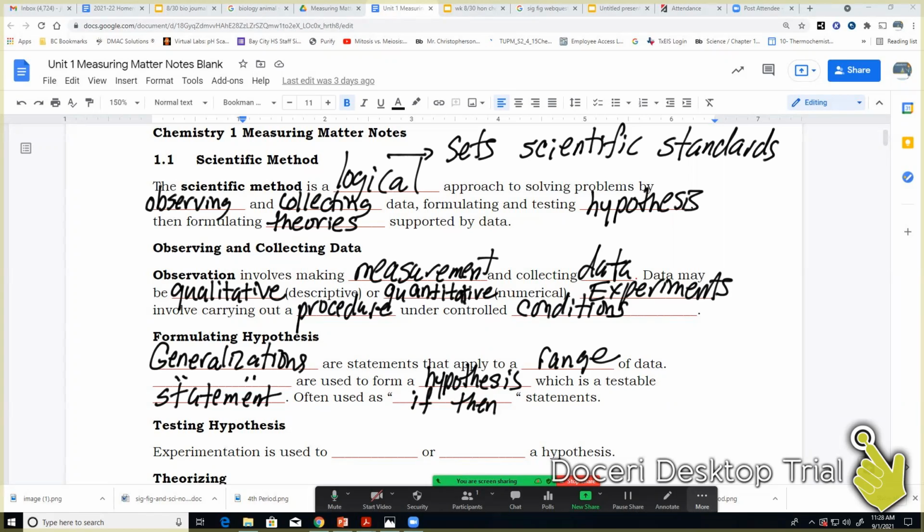Testing a hypothesis involves experimentation, and it's used to either support or reject a hypothesis. And in real life, more hypotheses are rejected than they are supported for scientists that are doing this for a living.